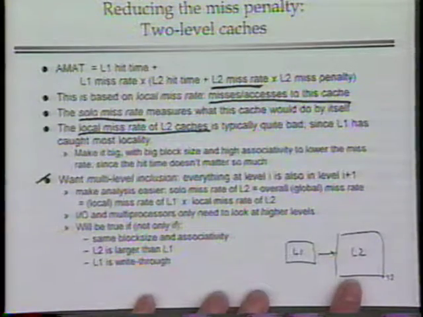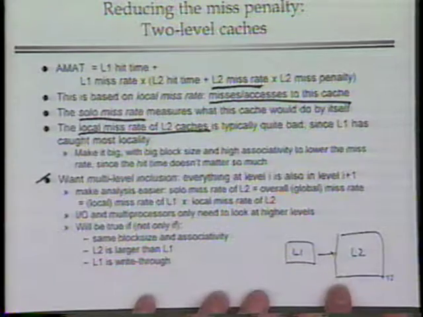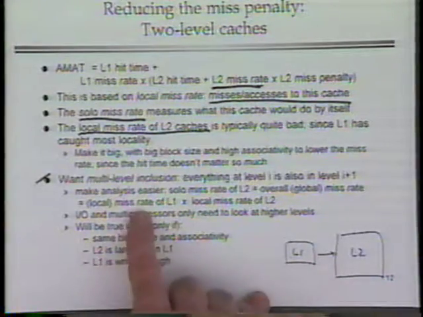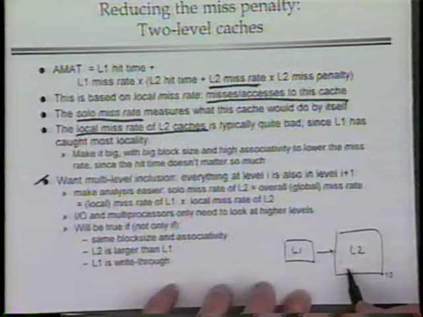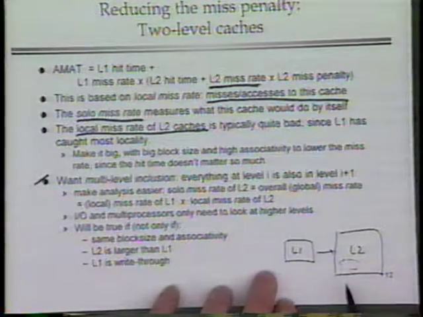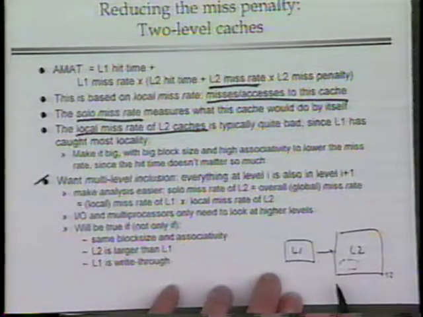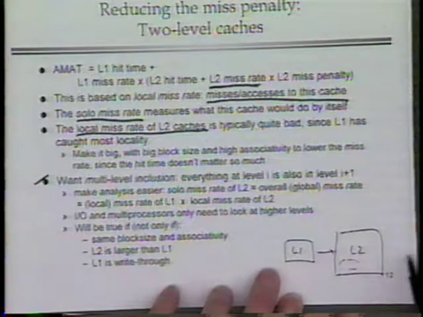Well, you could design a cache system to do that, but there are a couple of reasons why you might not want to. One is that it makes the analysis harder. If you've got this inclusion property, if everything in level 1 is also in level 2, then it's easy to compute the miss rates, because the miss rate of level 2 is the same as the overall miss rate.